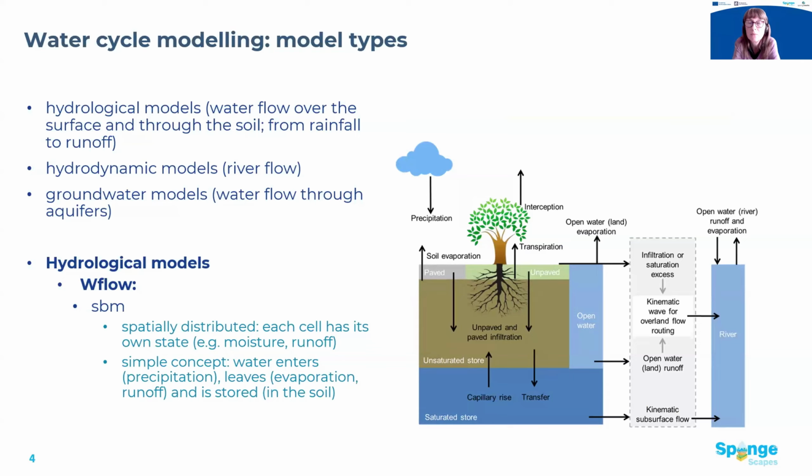For our purpose, the most appropriate was the soil bucket model, which is spatially distributed. That means that each cell has its own state, for example, moisture, runoff and so on. It's quite a simple concept. So water enters, leaves, and is stored. You can see a scheme of WFlow on your right.